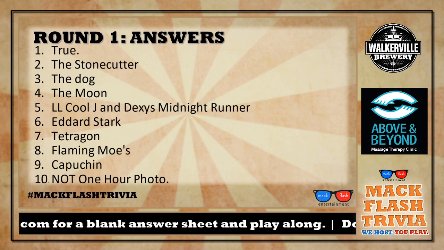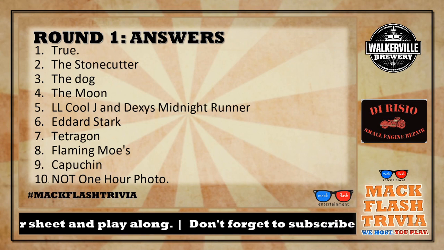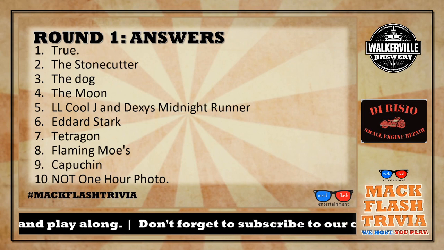So number 3, it says the dog. It should say a Tetragon. And Boromir for number 6.